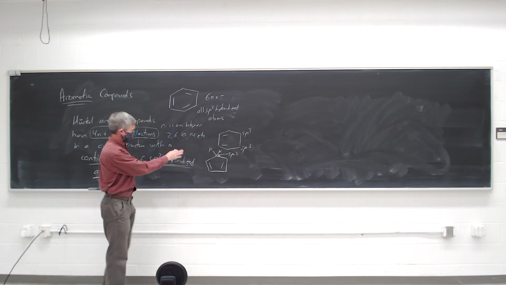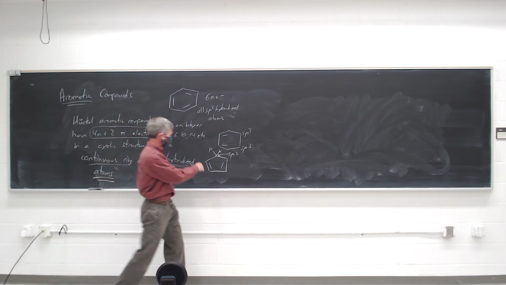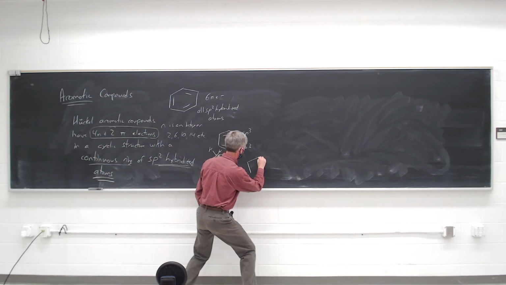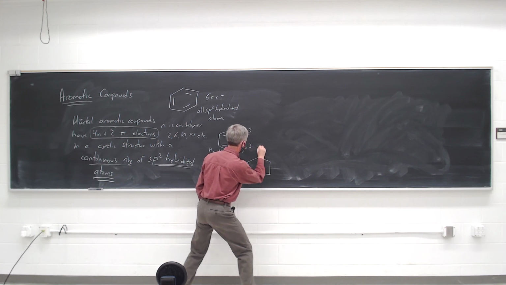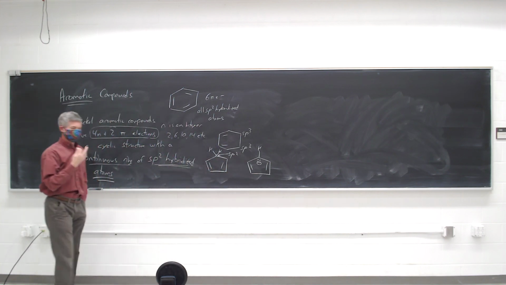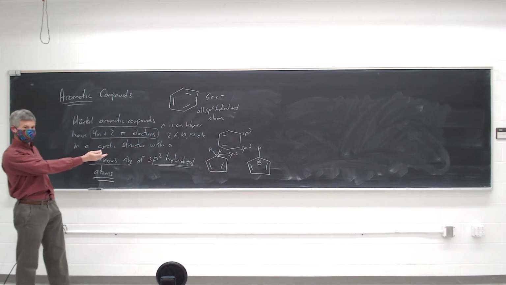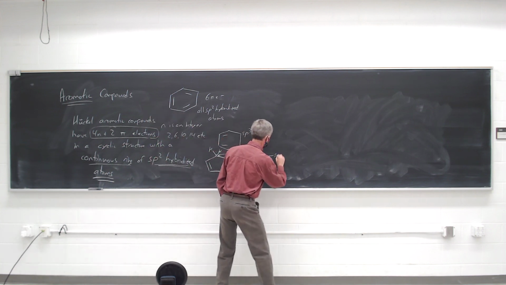But cyclopentadienyl anion or cation could fit. Took one of those hydrogens off to generate the anion. Now we have 6 pi electrons, and this is now sp2 hybridized.